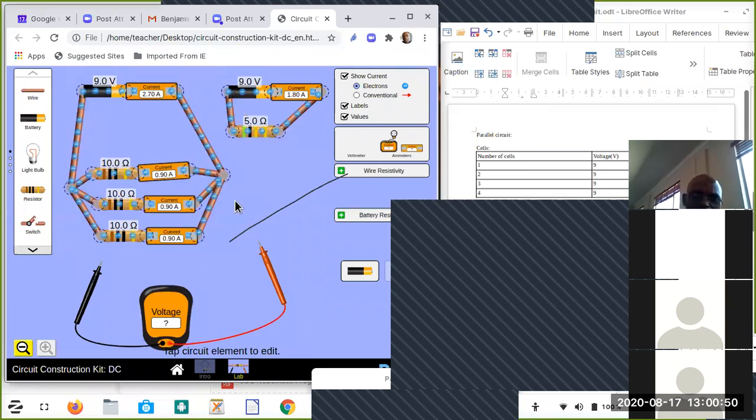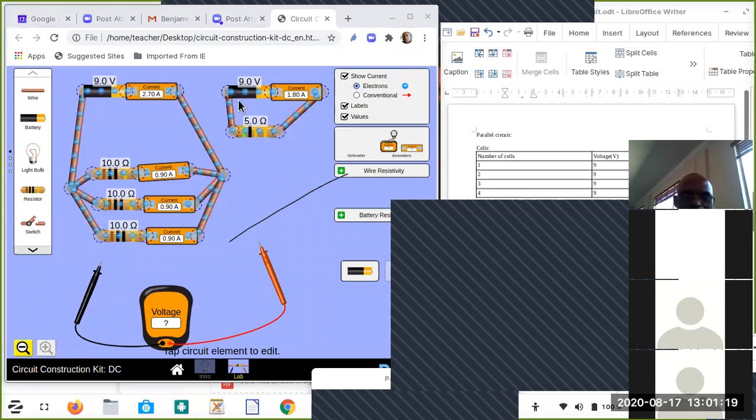What is the new total current now? 2.7. 2.7, right? Now, for us to have 2.7, is our resistance going to be lower than 5? Yes, sir.